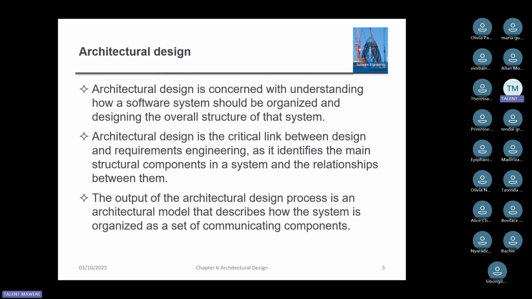The output of the architectural design process is an architectural model that describes how the system is organized as a set of communicating components. It's an essential activity that needs to be done in the software development process. As soon as you are done with your system models, you need to come up with an architectural design that shows how your system is structured as a whole.